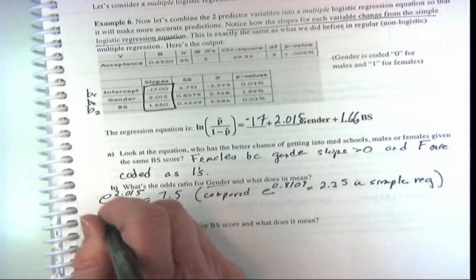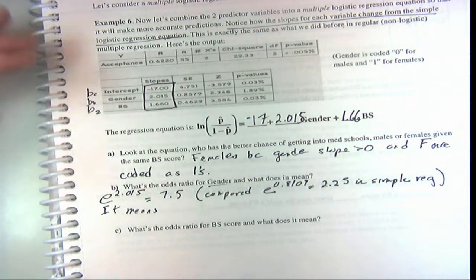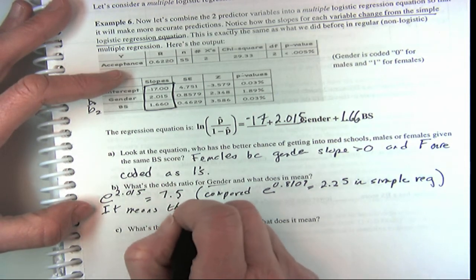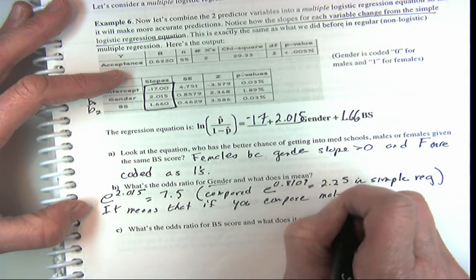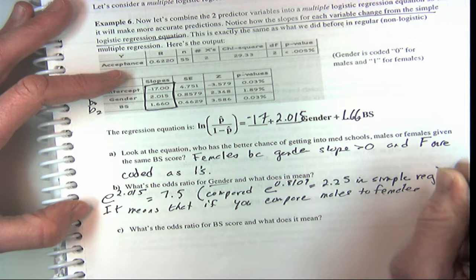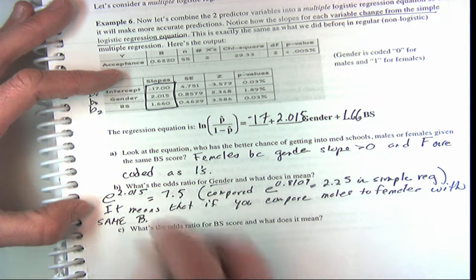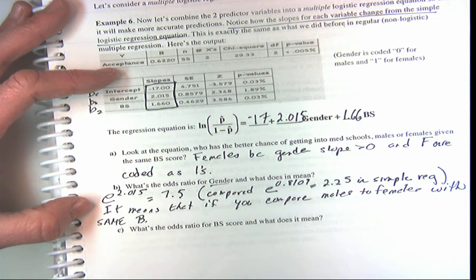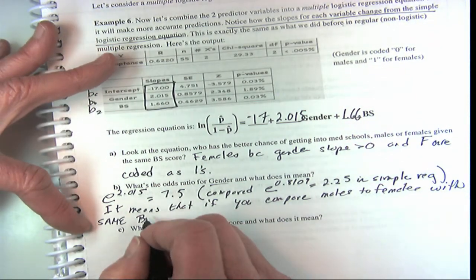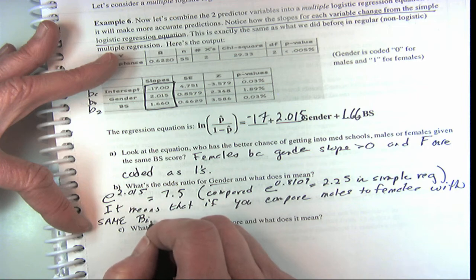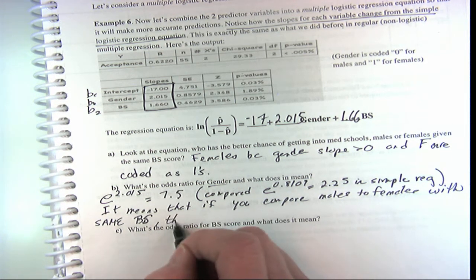So what does it mean? It means that if you compare males to females who have the exact same biological score, okay, who have the same biological science score, the female has what now?